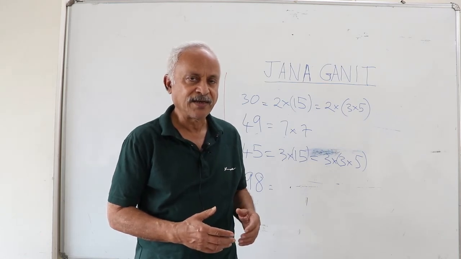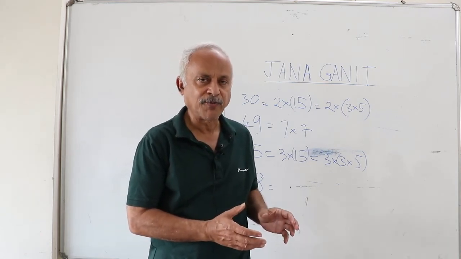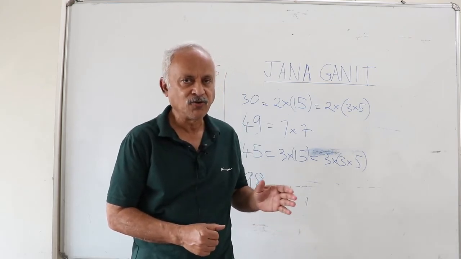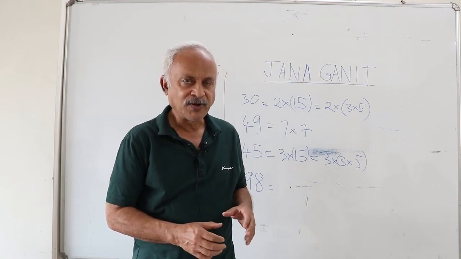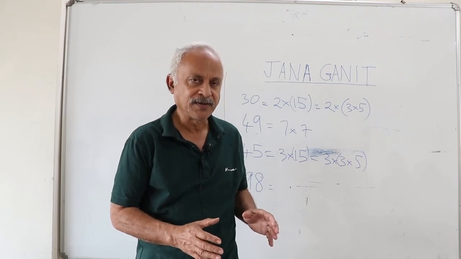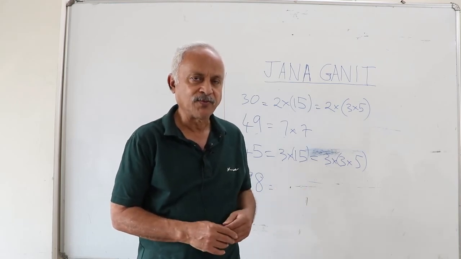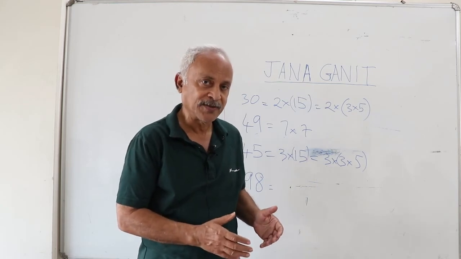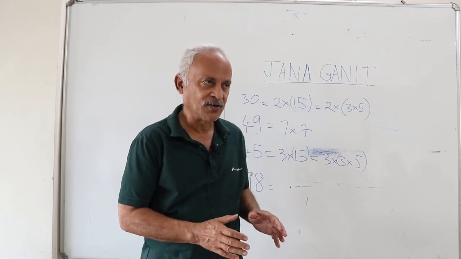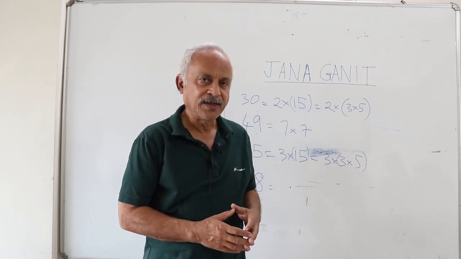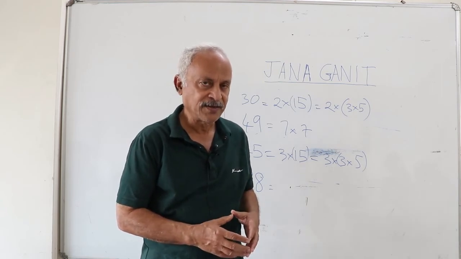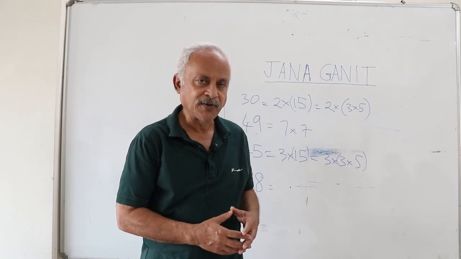We know how to write an algebraic expression as a product of factors: 2ab squared is 2 into a into b into b. Sometime later, when we talk about factorization of polynomials, we'll come back to this subject. But we have done factorization of integers, and we also know how to cancel the common factors. We did 1 or 2 examples of that.